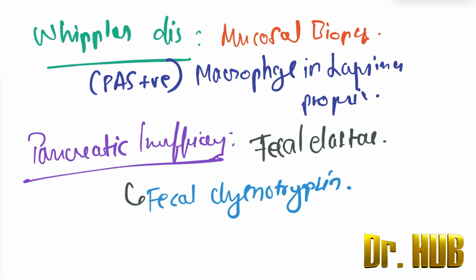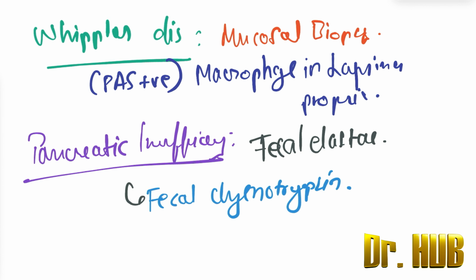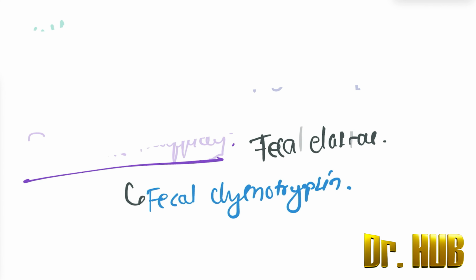So let's recap. Under Whipple's disease, there is a mucosal biopsy, and we have PAS positive macrophages in the lamina propria. Then in pancreatic insufficiency, the investigations are the fecal elastase as well as the fecal chymotrypsin.